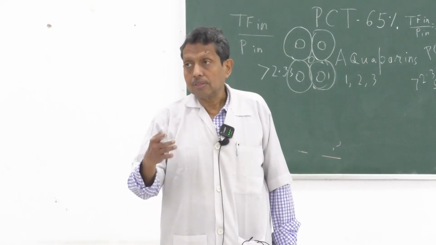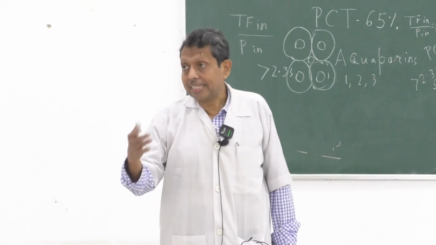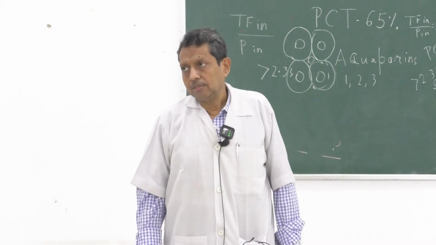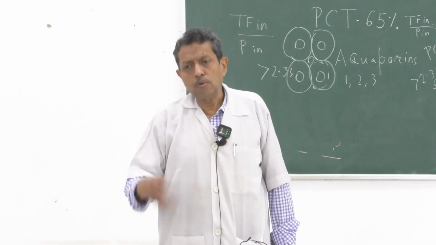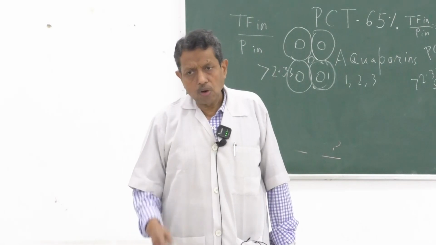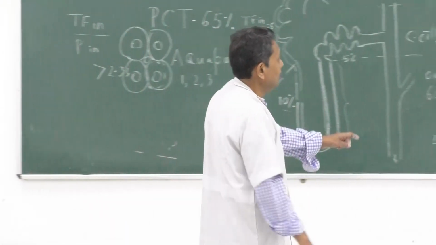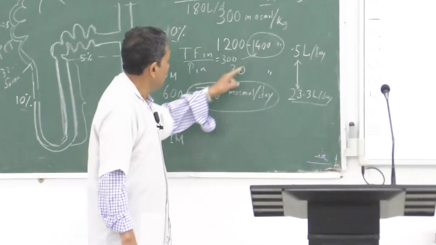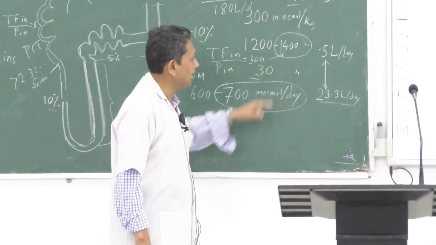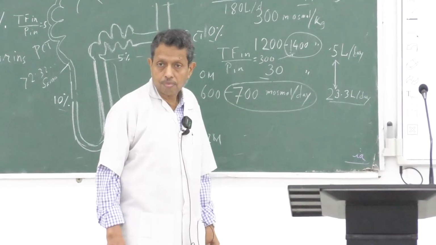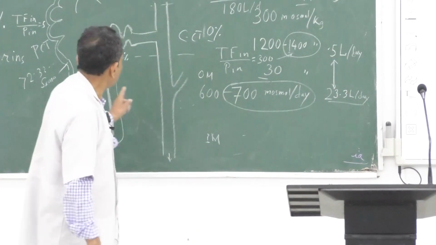Whenever there are more excretable substances, the urine flow must increase. But our capacity is within this value and this value. Within this value we can change. Clear?